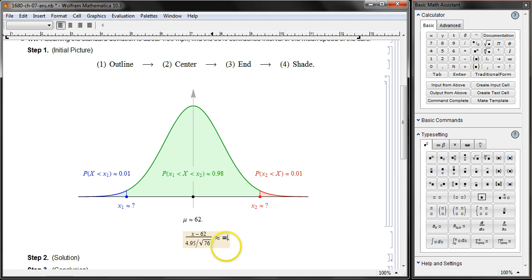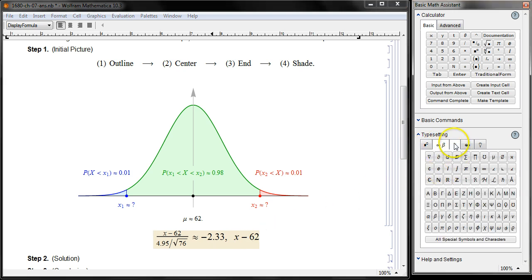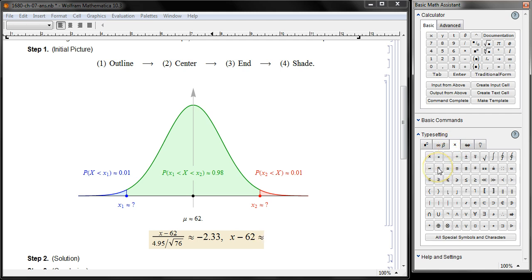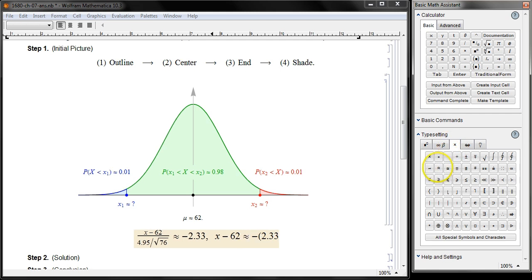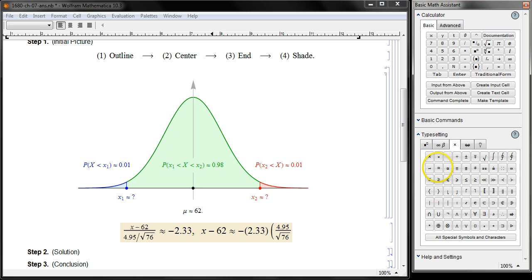So this is negative 2.33. And solving this, you're going to get this left-hand side endpoint. So x minus 62 is approximately equal to negative 2.33 times 4.95 over square root of 76.